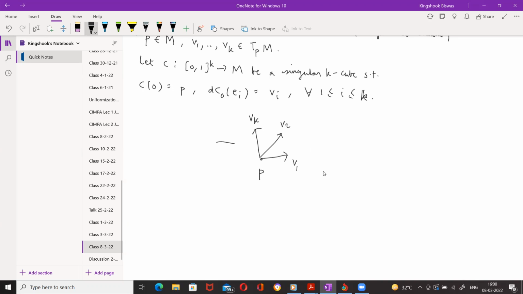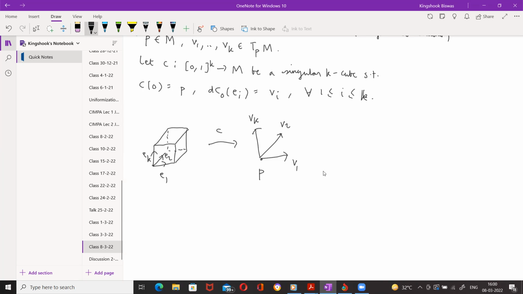And then I have my singular k cube C, which maps these vectors e1, e2, through ek.